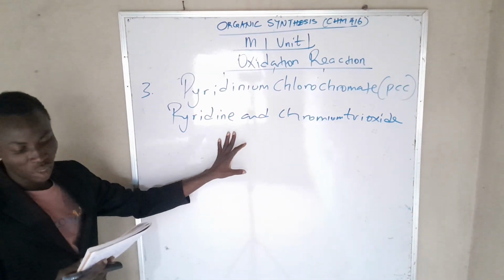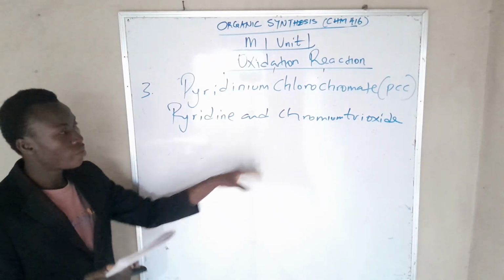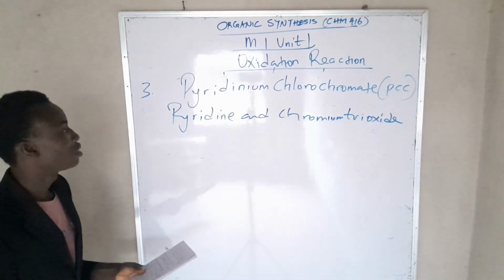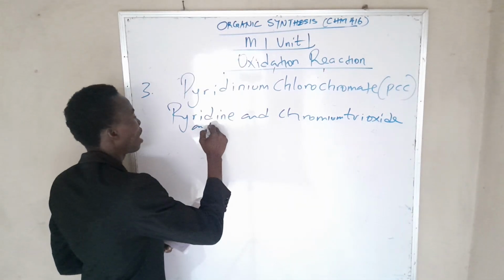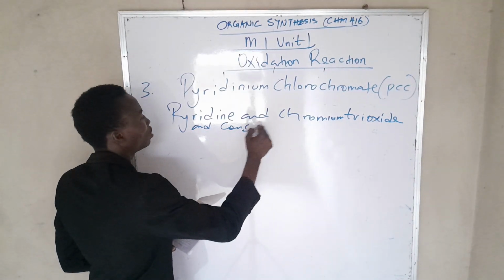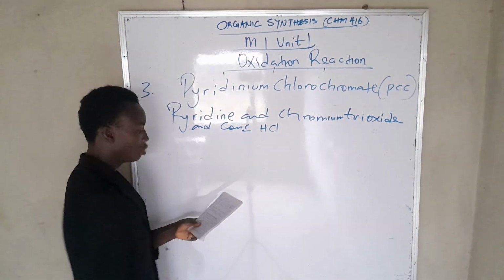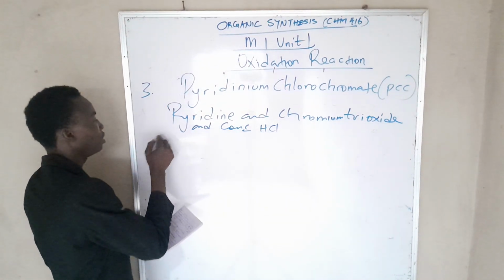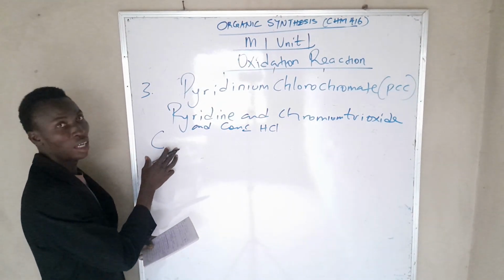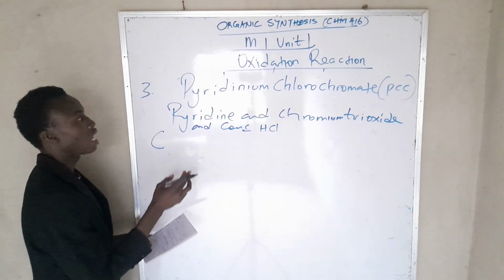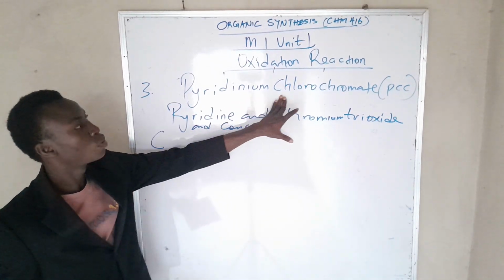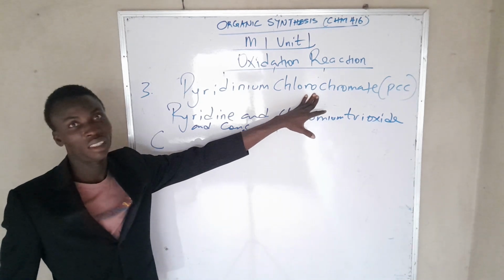With respect to the chromium trioxide, we make use of conc HCl alongside. So in the reaction, we can write the equation. This is one of the common past questions that asks you to write the equation for the preparation of pyridinium chlorochromate (PCC).